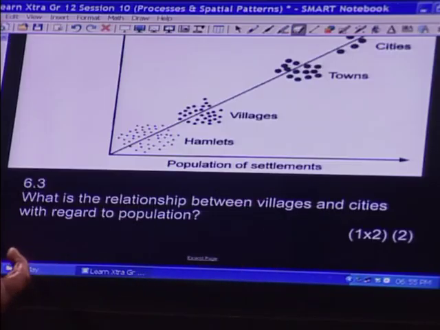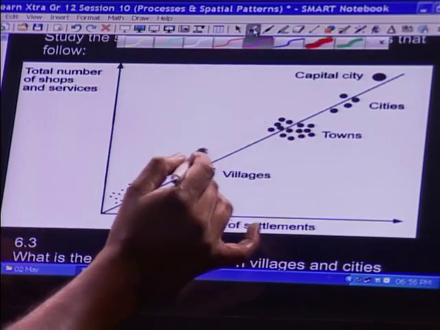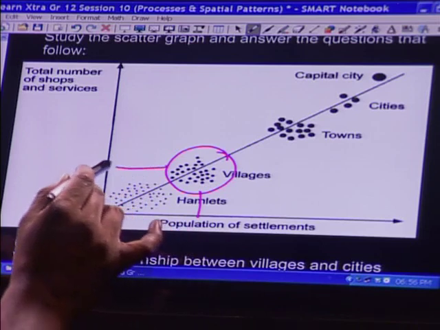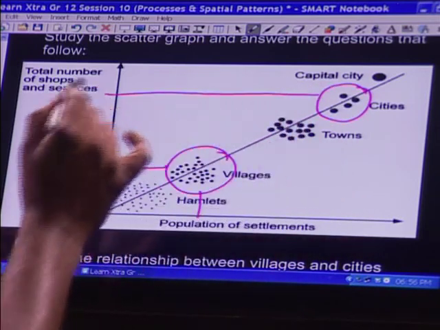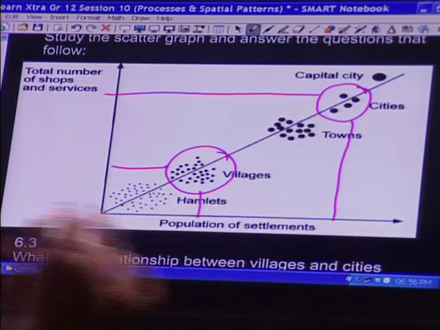Question 6.3. What is the relationship between villages and cities with regards to population? In this example, you'll note the following. The villages have a lower population and lower number of services as compared to the city, where there are a higher number of services and a higher population.